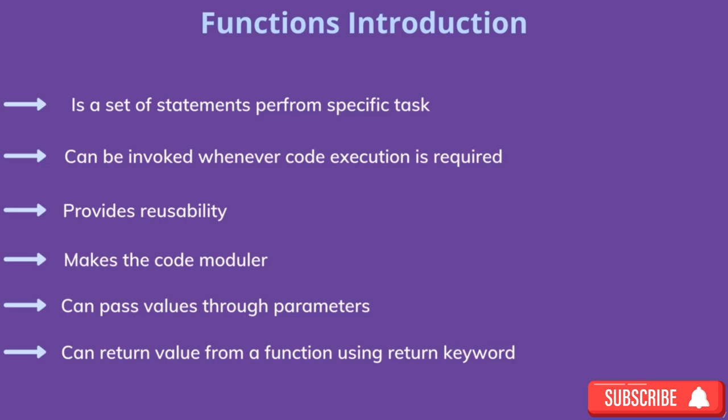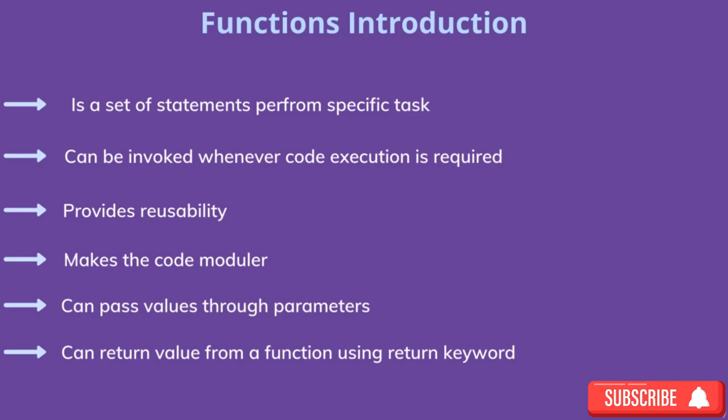Whenever I want to write a logical program, I can split each individual task into a separate function, so that whenever I want, I will call that particular function. If you have just defined the function and you are not calling it, it will not be executed. So make sure whenever you write a function, you call it whenever you want it executed.